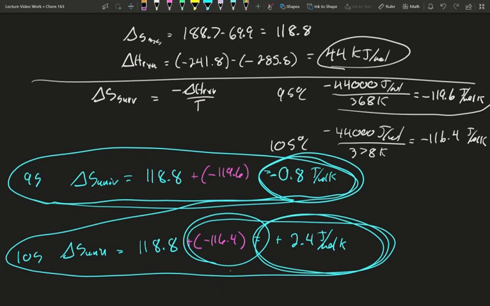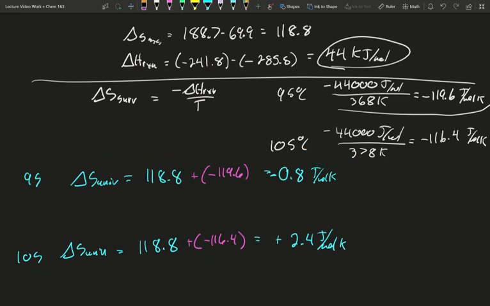The entropy for the universe becomes favorable at higher temperatures for our liquid to boil away. Why do phase changes occur? Why does water switch between liquid and gas, but only around 100 degrees? Because it is disfavored for it to turn into a gas at lower temperatures. The entropy of the universe would go down, but it is favorable to turn it into a gas at higher temperatures as the total entropy of the universe will be increased.